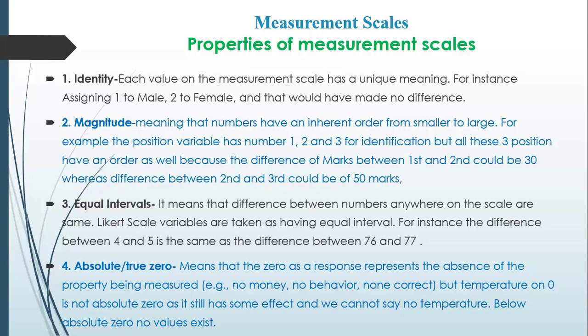See, from 35 to 40 the interval is 5, and from 40 to 45 the interval is 5. So that is a Likert scale.